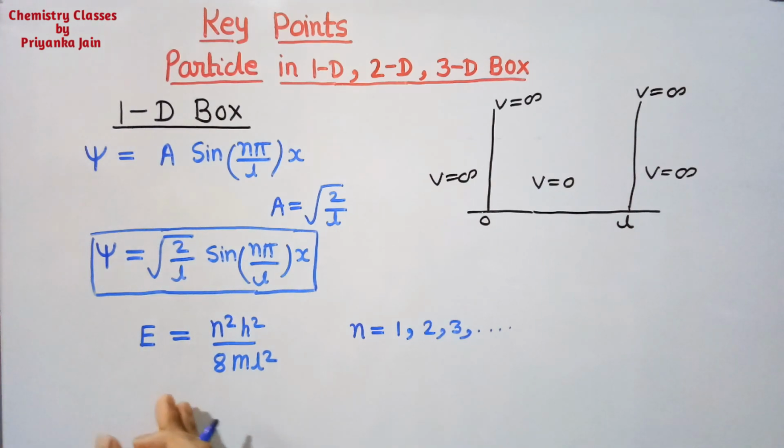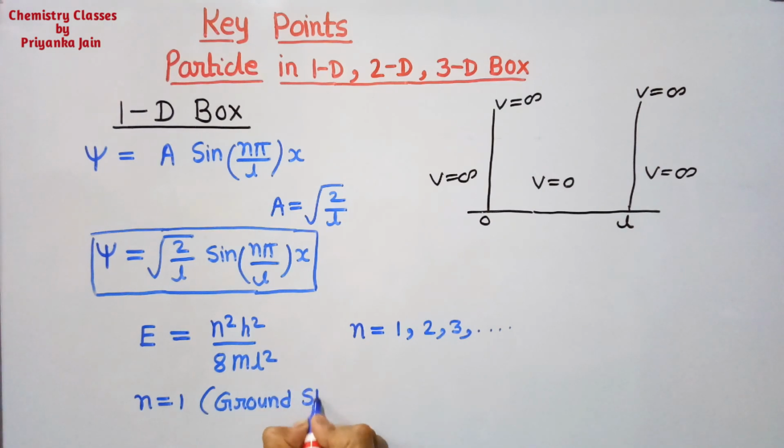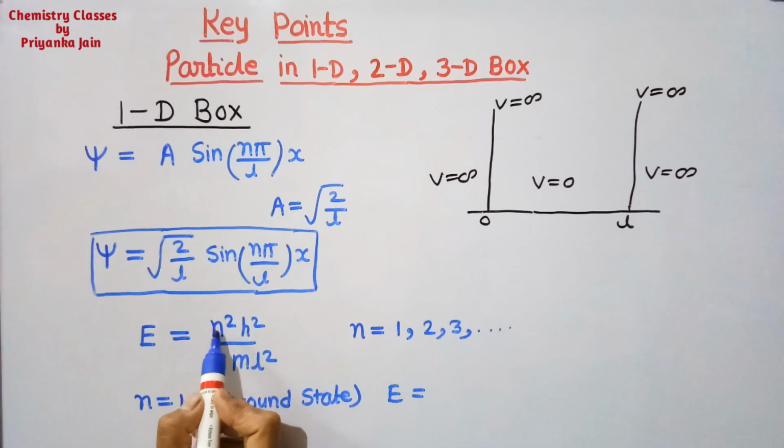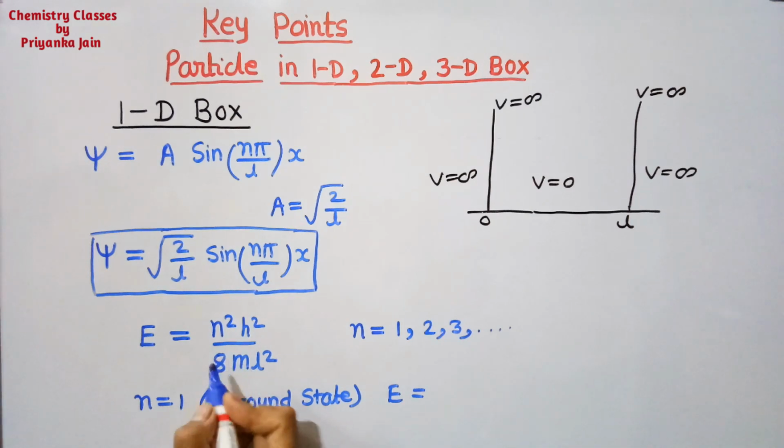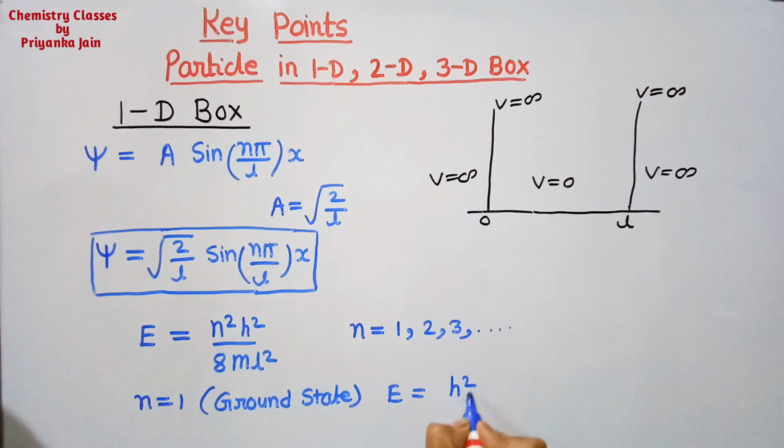It will change with the quantum number. When the value of n is equal to 1, it means we are seeing the ground state. What will be the energy? We have to put here 1 square, so the energy will be equal to h square upon 8 m L square, right?